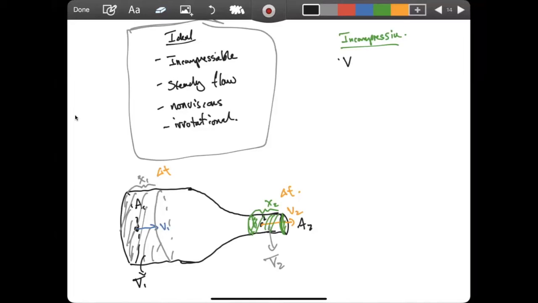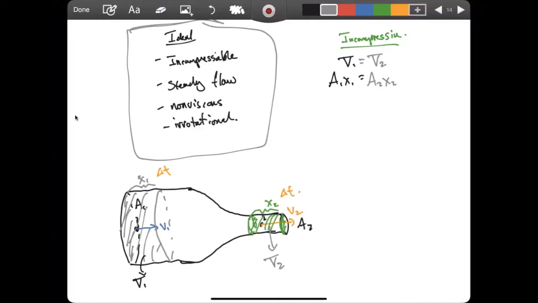So the volume swept out, V1, must be exactly equal to the volume swept out, V2, because the time frames are exactly the same. Let's write this down. We know that volume is the cross-sectional area times the distance, so A1 x1 equals A2 x2.